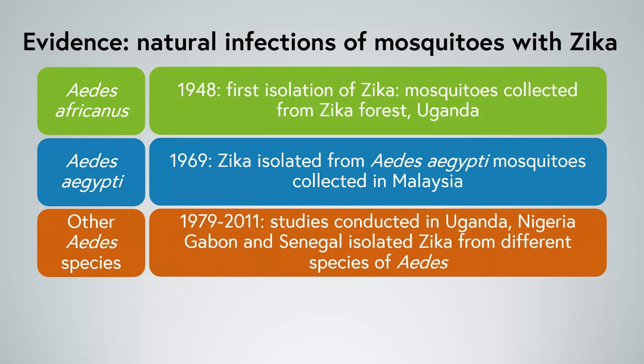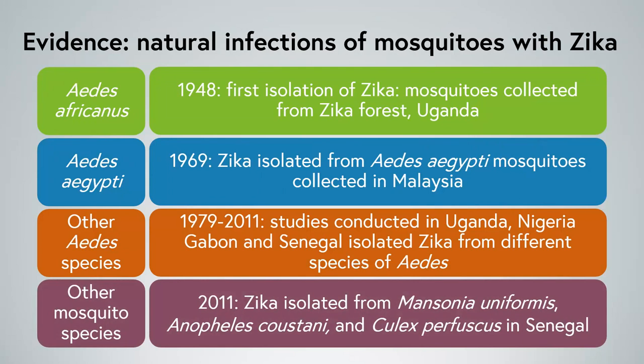Since then, the virus has been isolated from 7 other Aedes species collected in Uganda, Nigeria, Gabon and Senegal. However, Aedes mosquitoes may not be the only genus capable of transmitting Zika, because the virus has also been isolated from Mansonia uniformis, Anopheles coustani and Culex perfuscus.